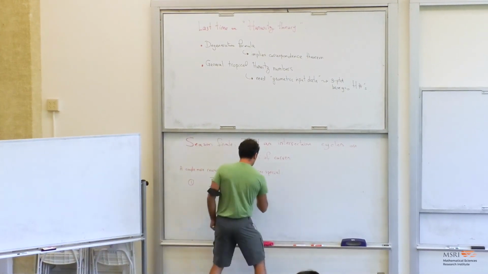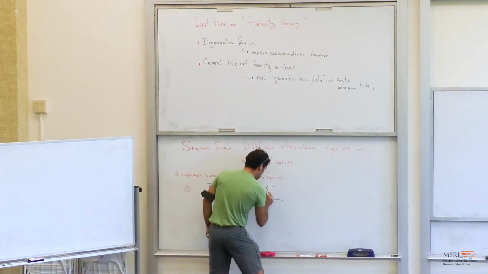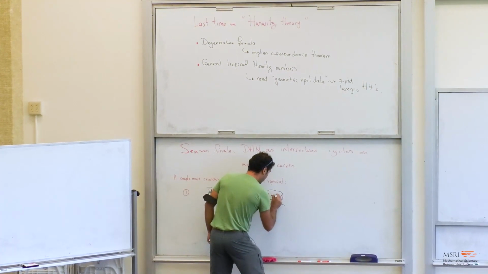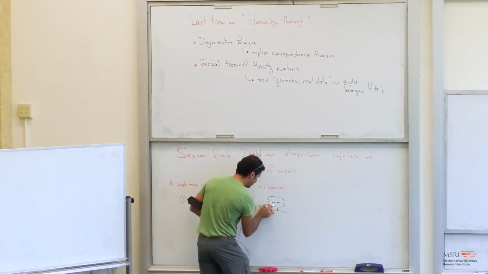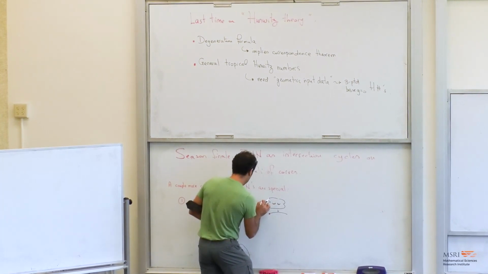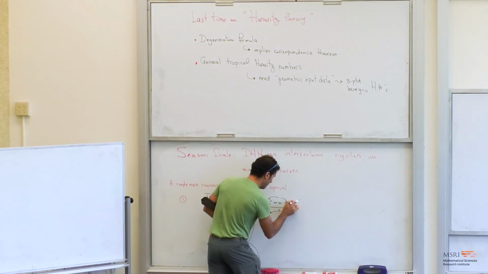Again, think that generically, what this means is you have coverings of P1 by genus g curves where you specify the ramification over 0, you specify the ramification over infinity.